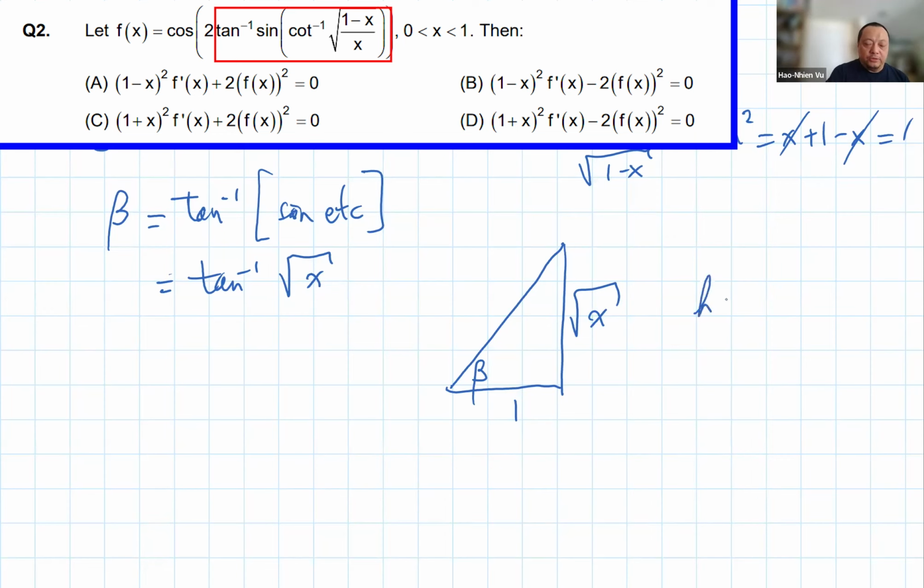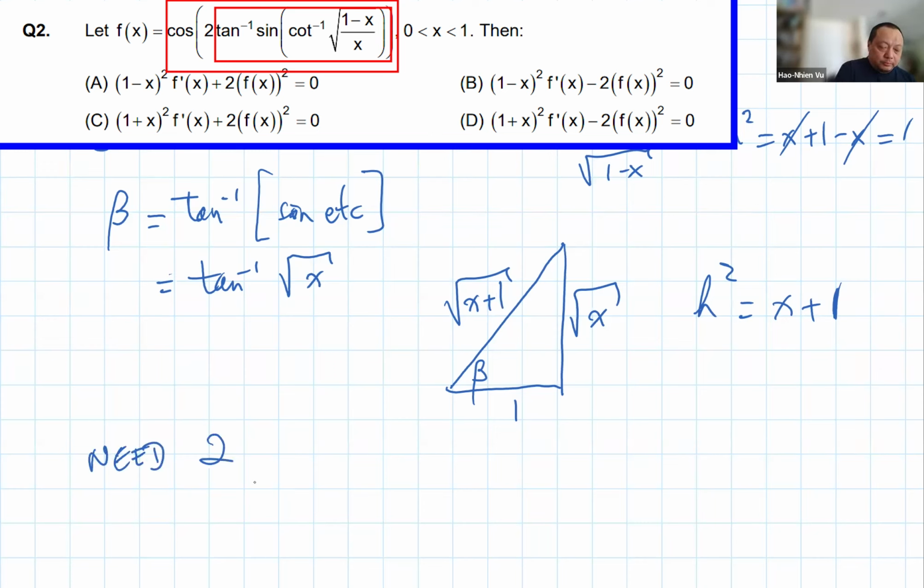And the hypotenuse is square root of x plus 1. And our function f(x) is cosine of 2 times this angle. So we need 2 times beta.